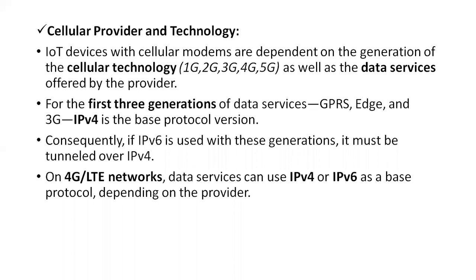Okay. So next, I also told you about cellular providers and technologies, based on which we can select either IPv4 or IPv6. Since 1G, 2G, and 3G support only IPv4, they operate only on IPv4. There we can use only IPv4, but 4G and 5G use either IPv4 or IPv6.